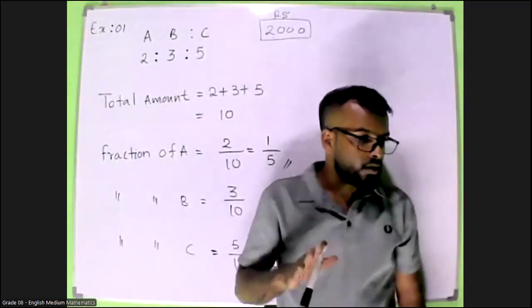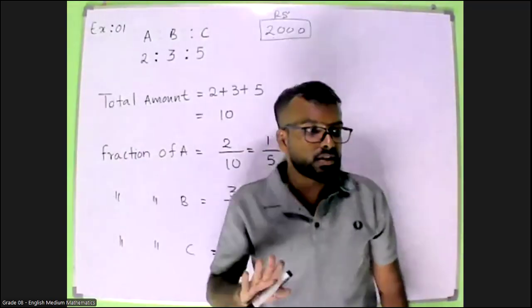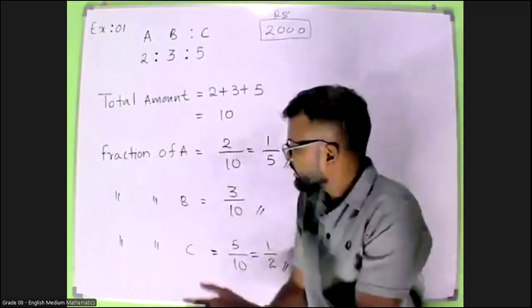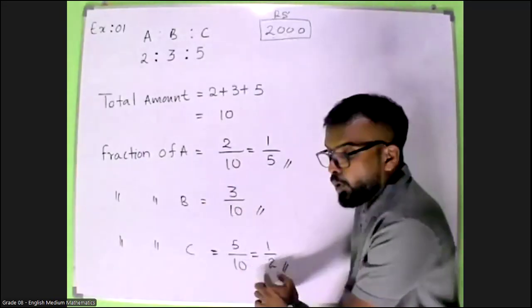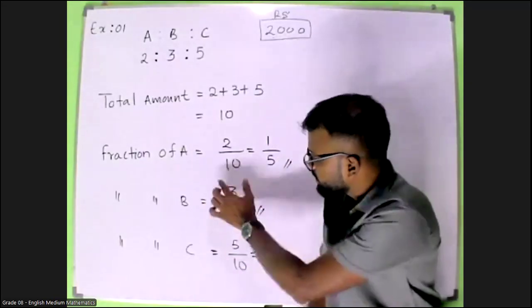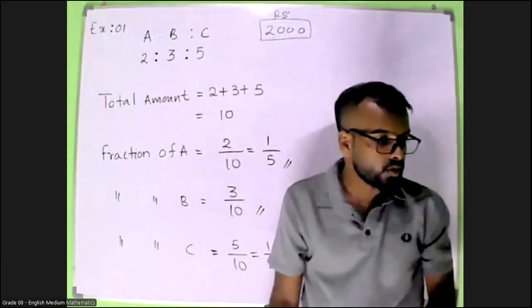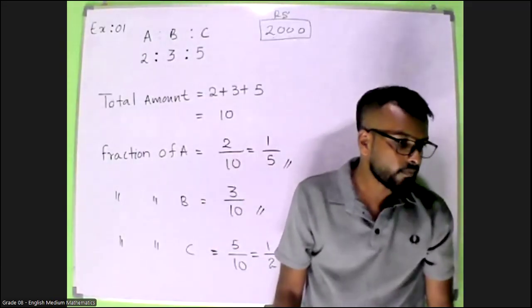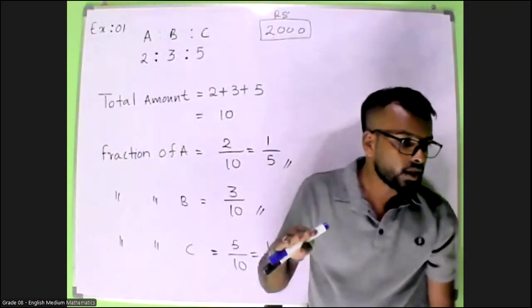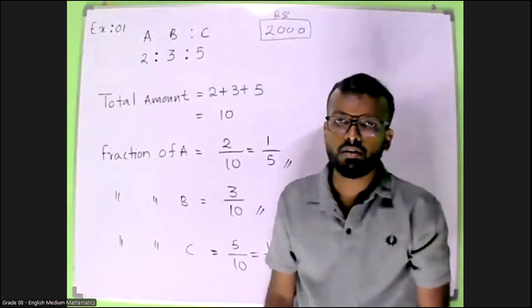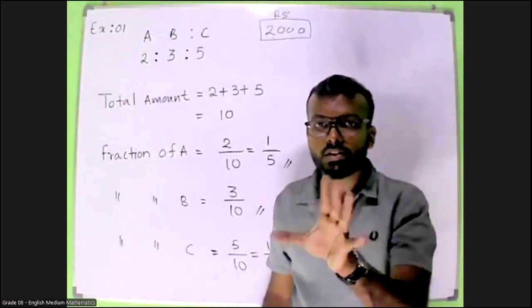Then they are telling us to use those fractions, 1 upon 5, 3 upon 10, 1 upon 2, to find the amount of money received by each.